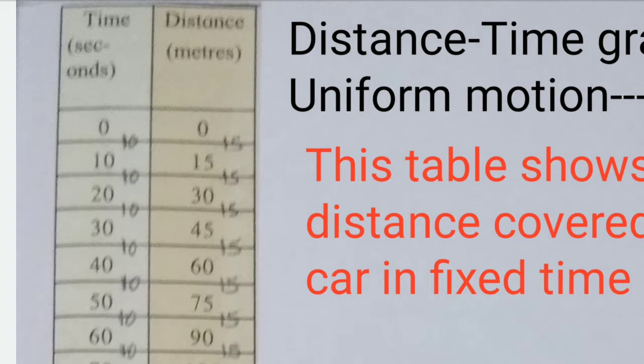In 0 second, car traveled 0 meter distance. After 10 seconds, it covers 15 meters. After next 10 seconds, a car covers again 15 meters. That is, in total 20 seconds, car covered 30 meter distance.